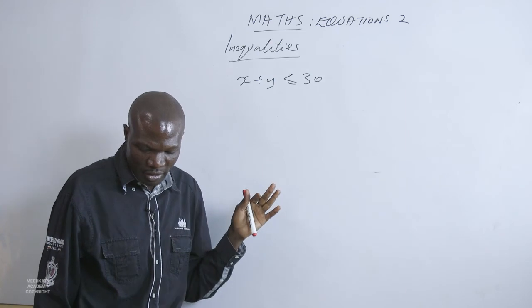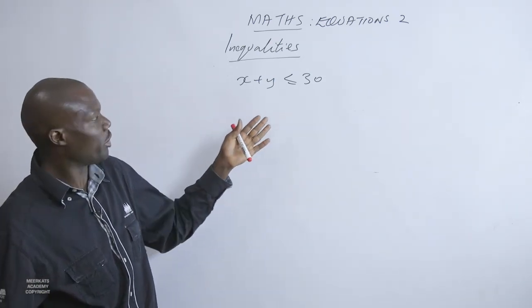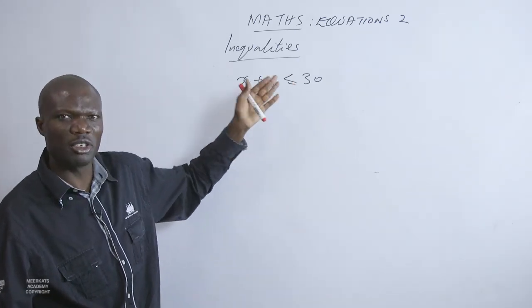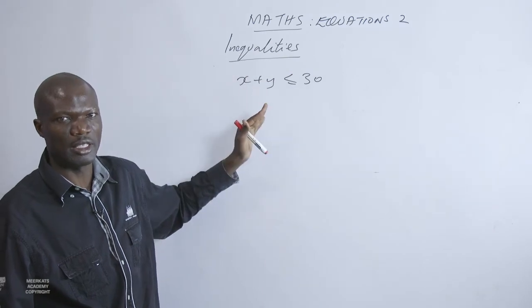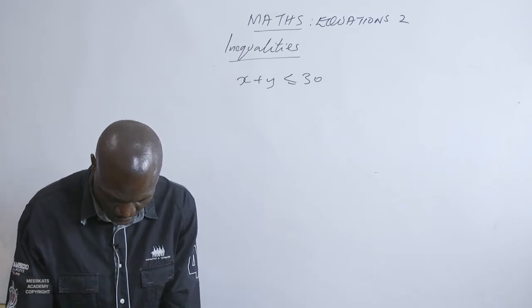This is working within the boundaries. So the maximum x and y can go is not anything more than 30. That is what we call working with the boundaries.